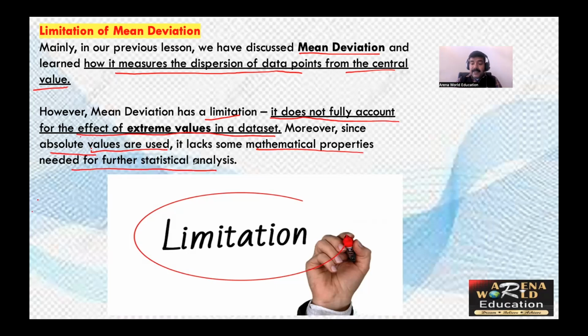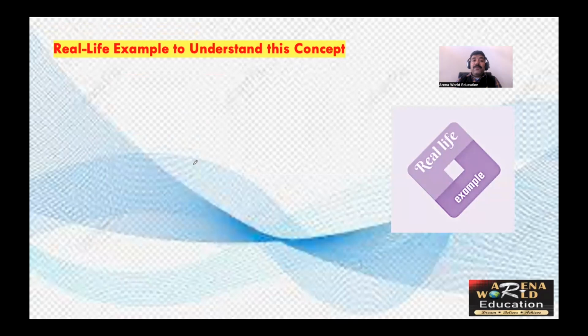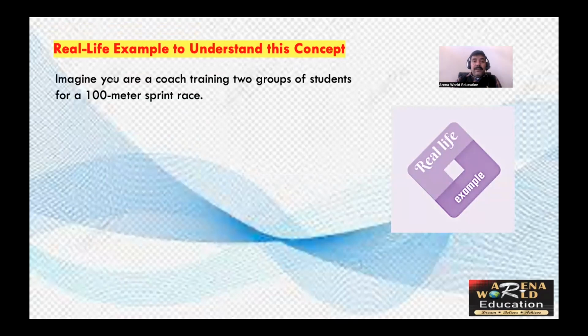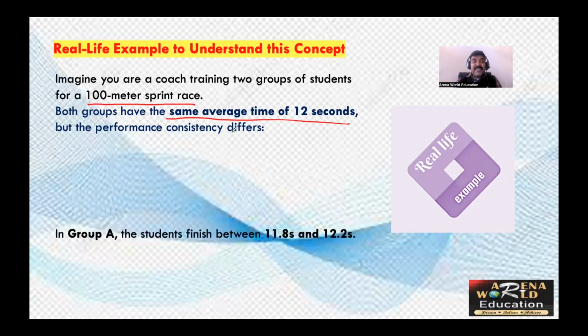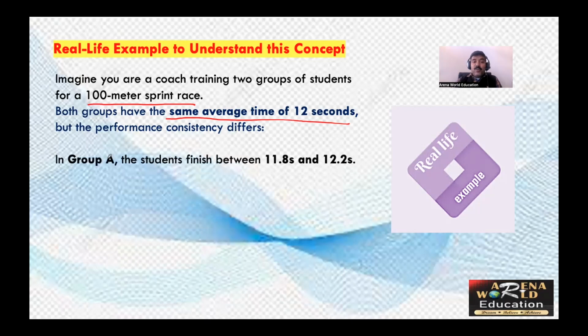Let us understand this limitation with the help of a real life example. Imagine you are a coach training two groups of students for a 100-meter sprint race. Both groups have the same average time of 12 seconds, but the performance consistency differs, right? In group A, students finish between 11.8 seconds and 12.2 seconds.